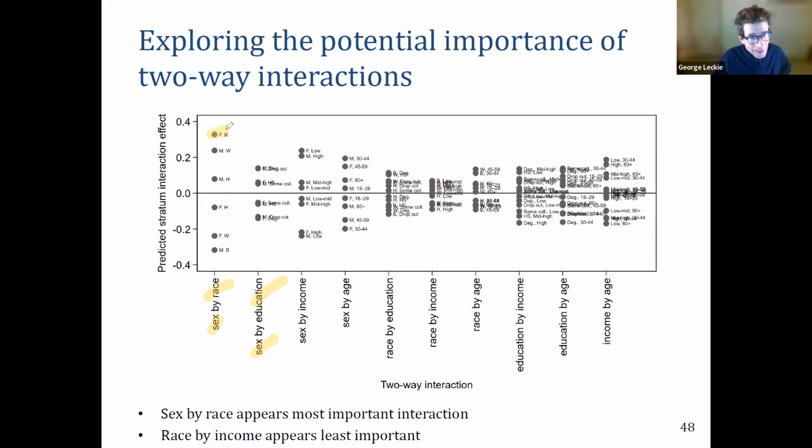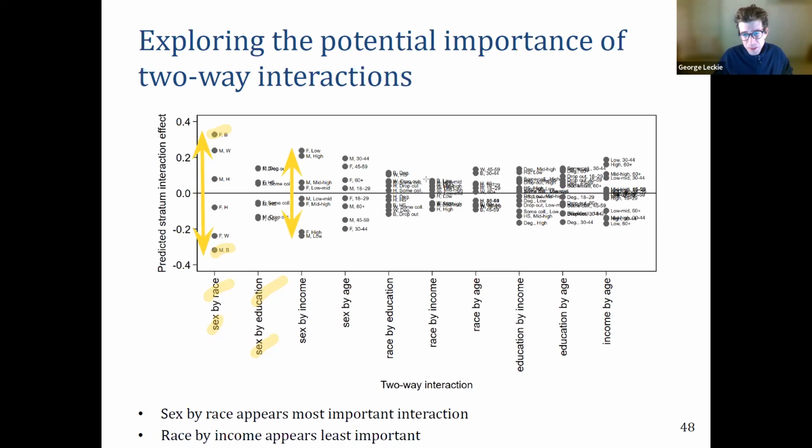The female black ones are showing positive interaction effects on average, pushing on for over 0.3, whilst male blacks are more like negative 0.3. And so it turns out that sex by race, what this is suggesting, is the most important interaction in isolation. Then perhaps sex by income is pretty important.